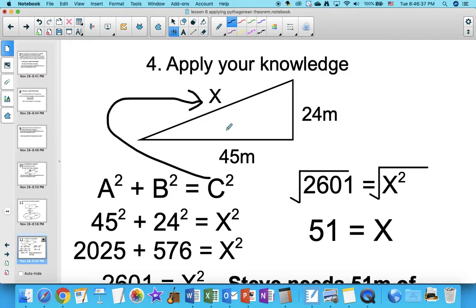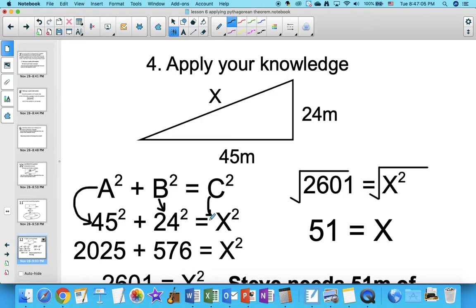But here, x is the longest line, so x becomes c. It doesn't matter which one's a. In this case, I'm going to turn a into 45, so now I have 45 squared. I'm going to turn b into 24, so now I have 24 squared. And I turn c into x, so now I have x squared. So now I have 45 squared plus 24 squared equals x squared.